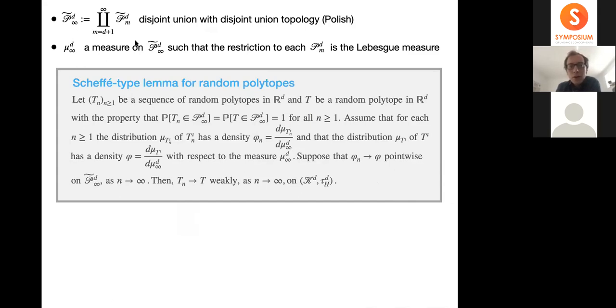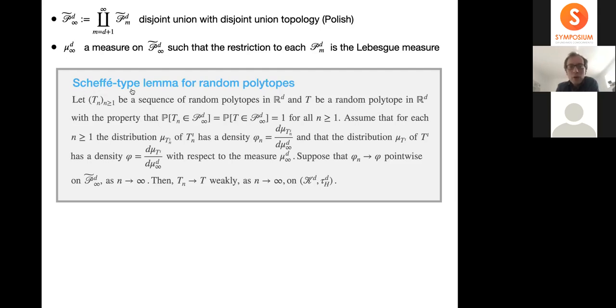On each of these factors, of course, you have a Lebesgue measure sitting, since it's just Euclidean space, and you can glue all these Lebesgue measures together. Or you can be more general: you can take on this space P_d^∞ tilde a measure μ_d^∞ such that the restriction to any factor is the Lebesgue measure on R^{dm}. You can, for example, just glue together Euclidean Lebesgue measures.